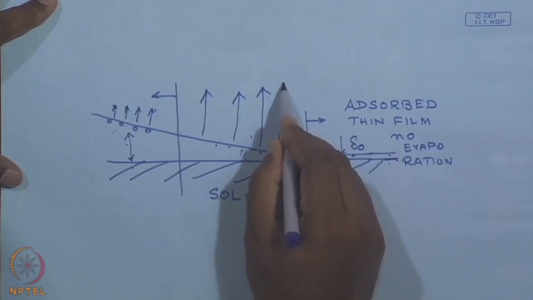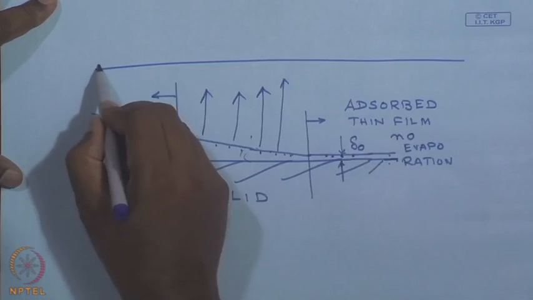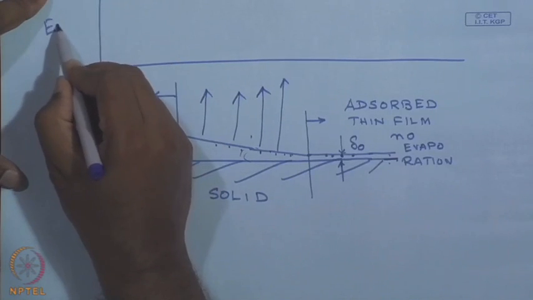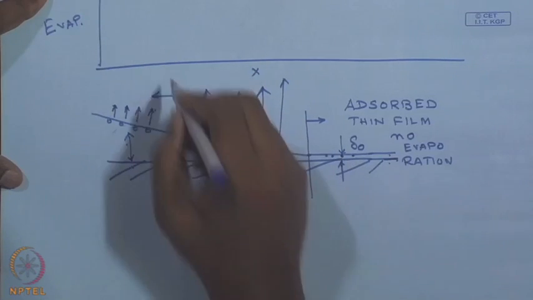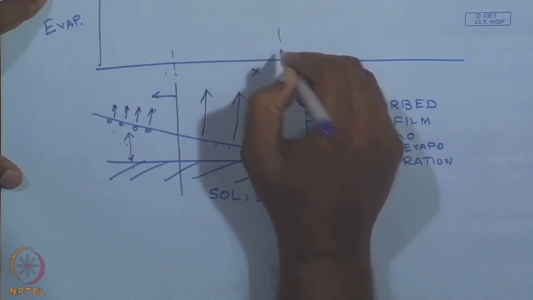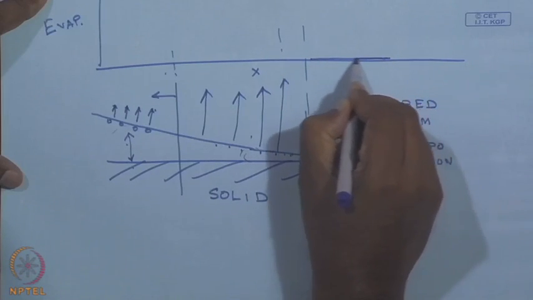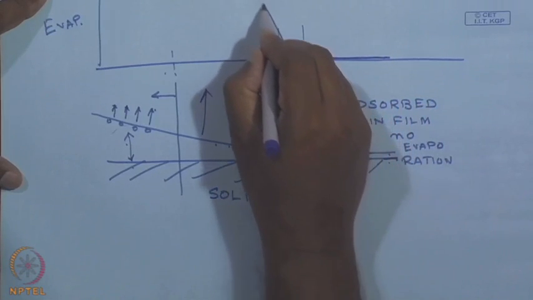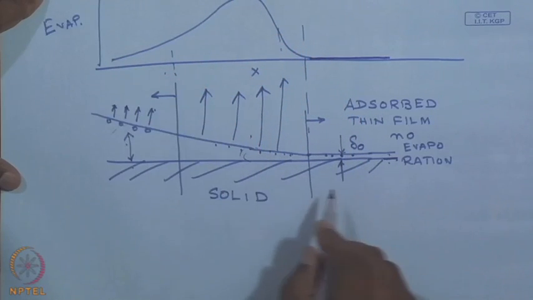If we could plot the evaporative flux as a function of these locations, what we would get is zero evaporation, then it is going to pass through a maximum and slowly fall as the thickness increases.